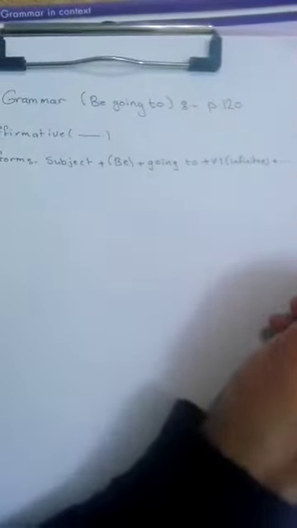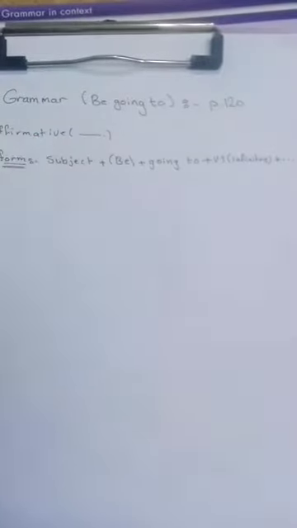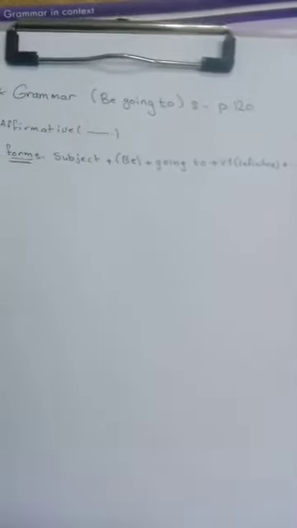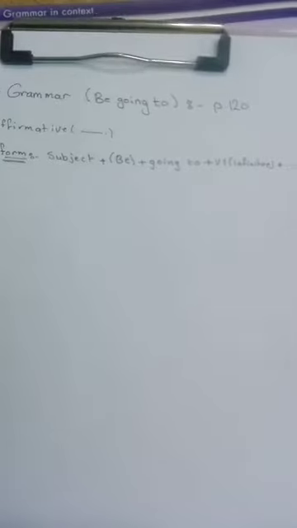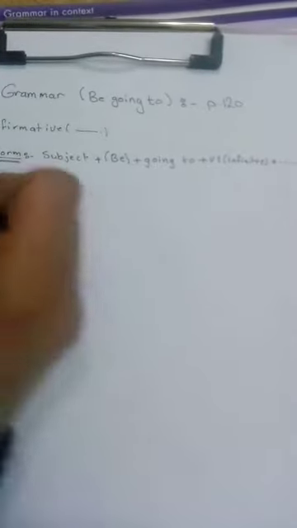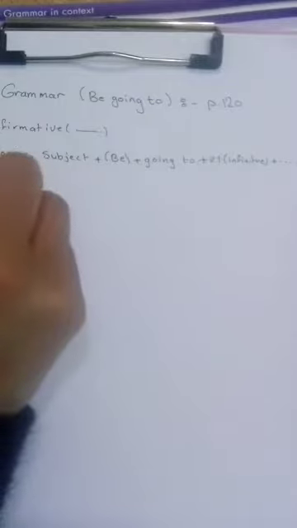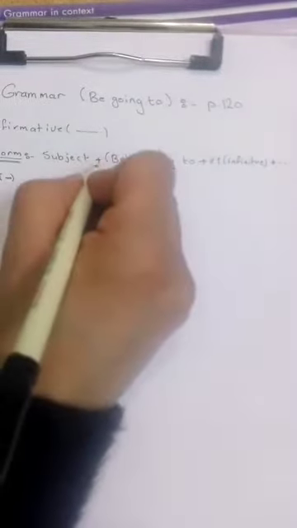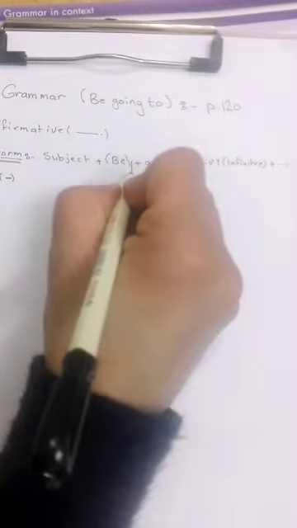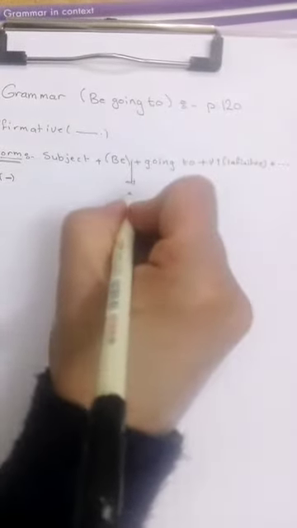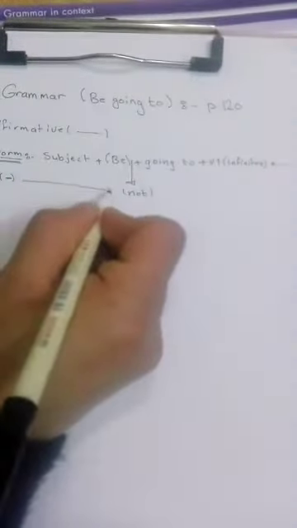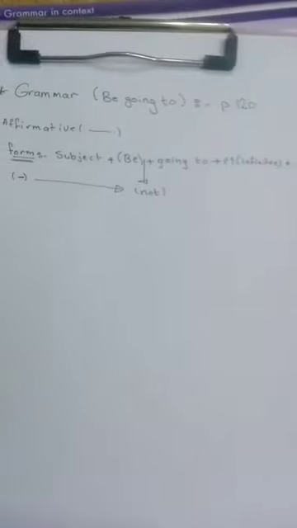So this is the form when we have an affirmative sentence. If we want to make it negative, we just add not. So it becomes a negative sentence like this.